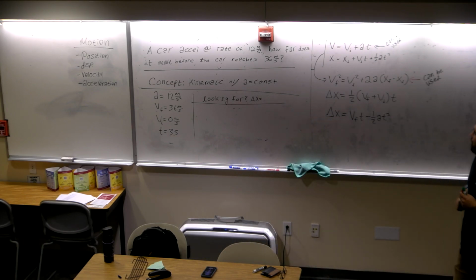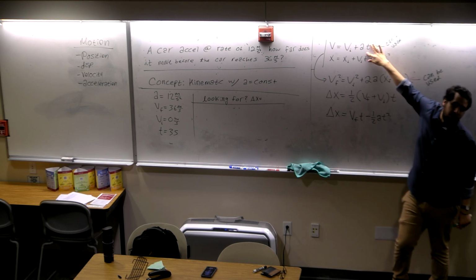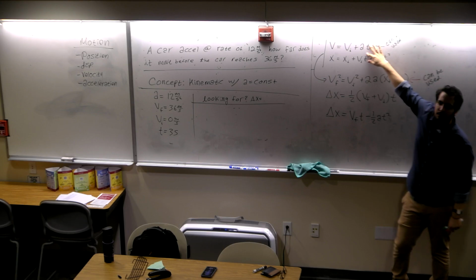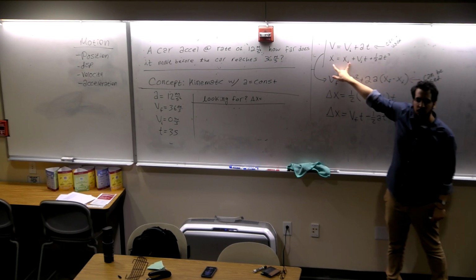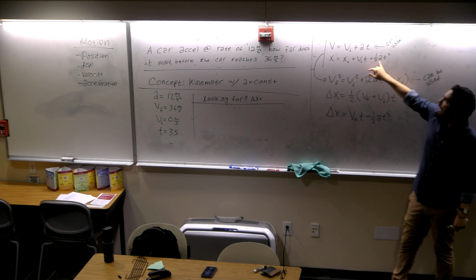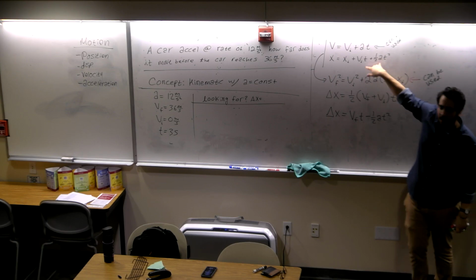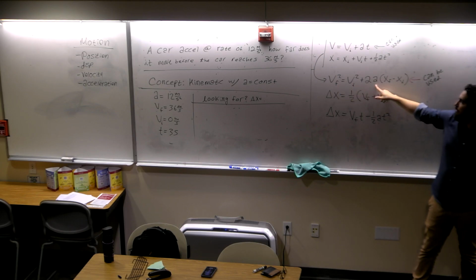If we look at our equations, we look at the top one. Well, there are no unknowns in the top one. That's because we used it already to solve for time, so it's not particularly useful. We look at the next one. x minus x initial, that is our delta x. With v initial, t, and a, we have the second equation, usable to find delta x. In the third equation, we have our final velocity, our initial velocity, and our acceleration.